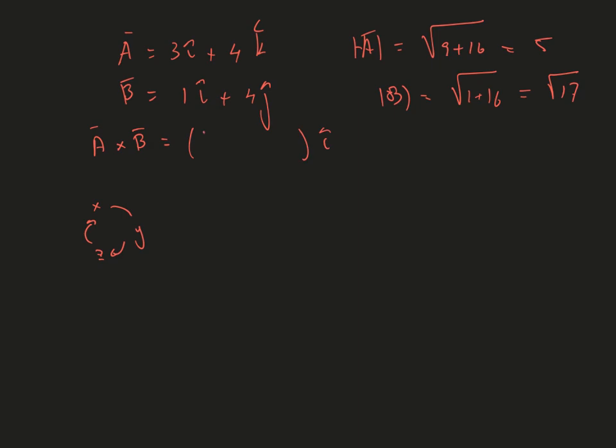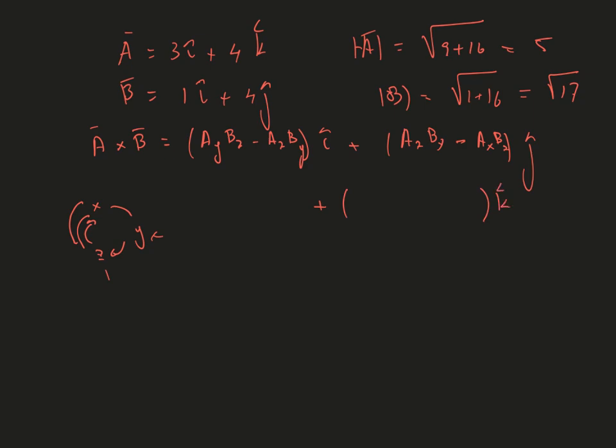It is AY BZ minus AZ BY. Some component in the J direction, so I go to the next one: AZ BX, and I come back, minus AX BZ.